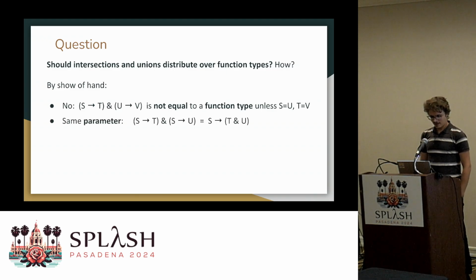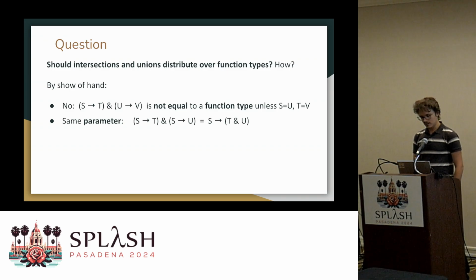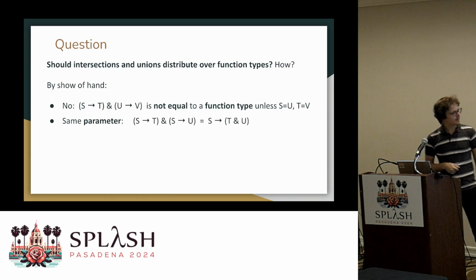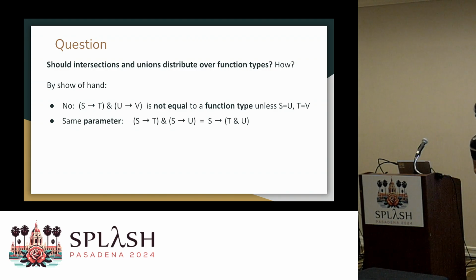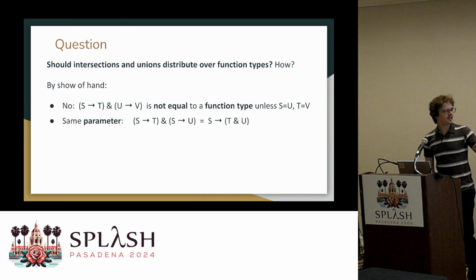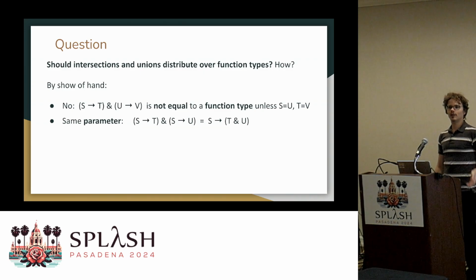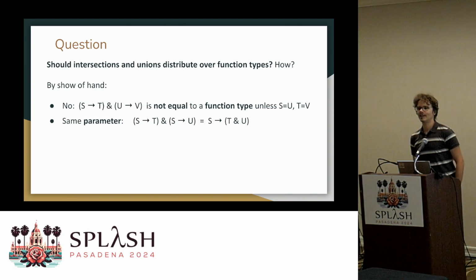One thing we can do that's kind of obvious is that if the parameters are the same, then you can distribute the intersection into the result. If you have a function that gives us a T when you give it an S, and it also gives us a U when you give it an S, it kind of makes sense to say that after you give it an S, it gives you both a T and a U. It depends.